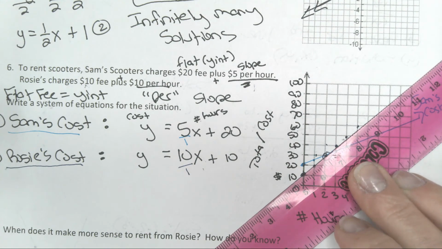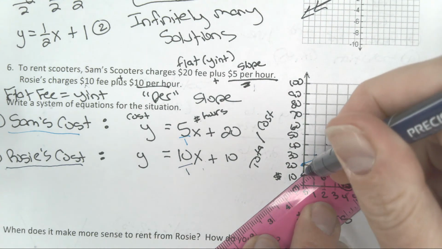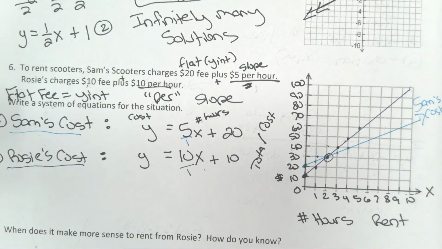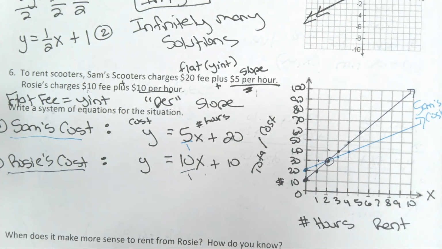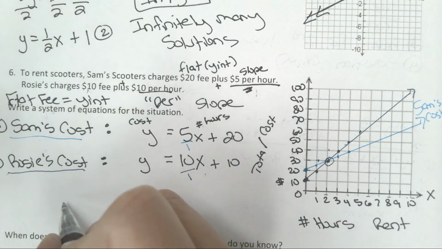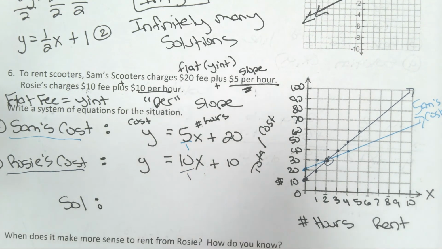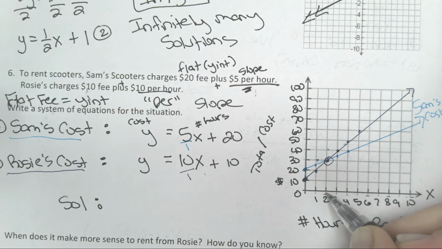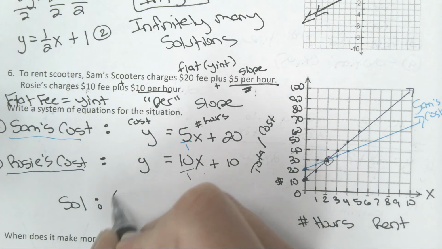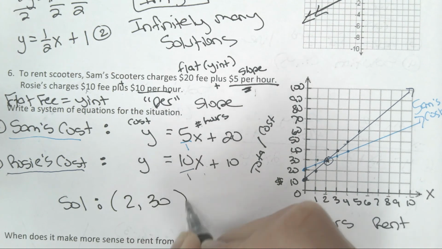I generally try to make enough points until I see where my lines are going to intersect. All right, so that is where the lines cross. That's the solution to the system of equations. All right, so I can see that my solution is going to be at 2, 30.